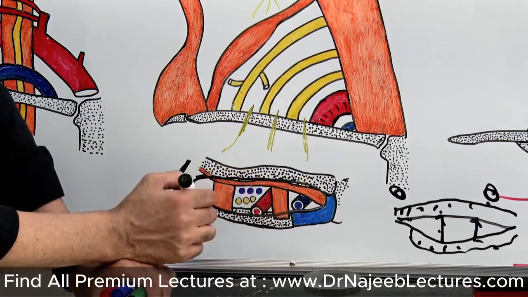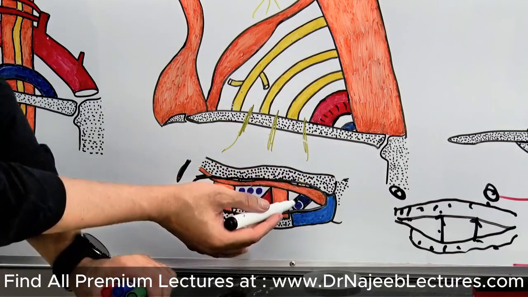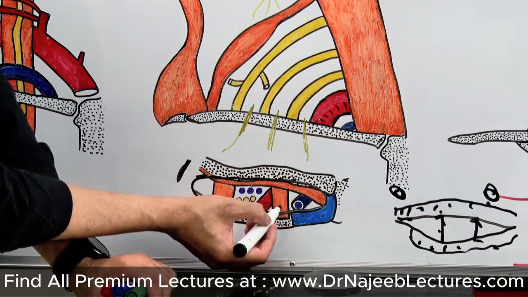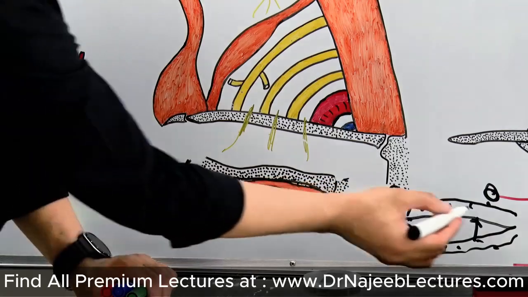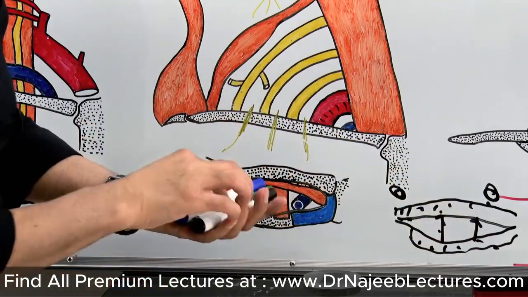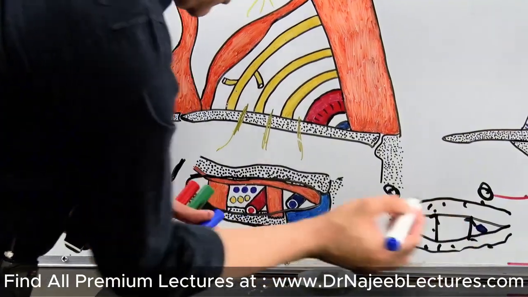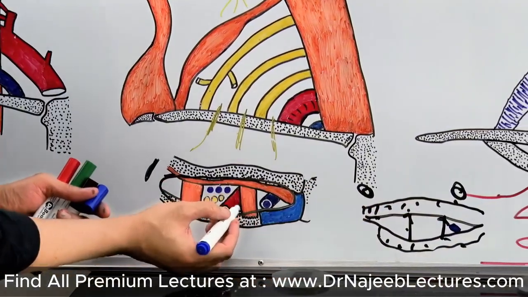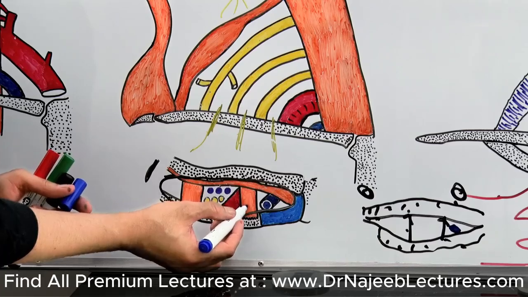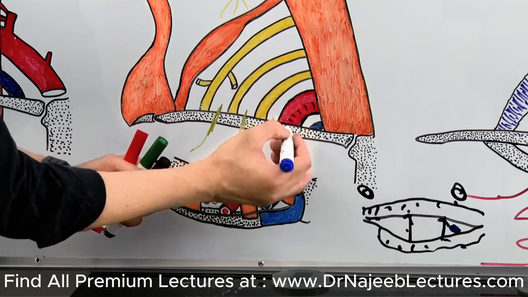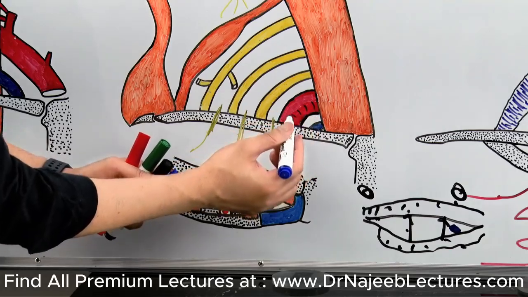The very important point is that the subclavian vein, which I am showing here, is appearing anterior to the scalenus anterior. The vein is here, right? And this is scalenus anterior. Just behind that, there is an artery. What is this artery? Subclavian artery, right?